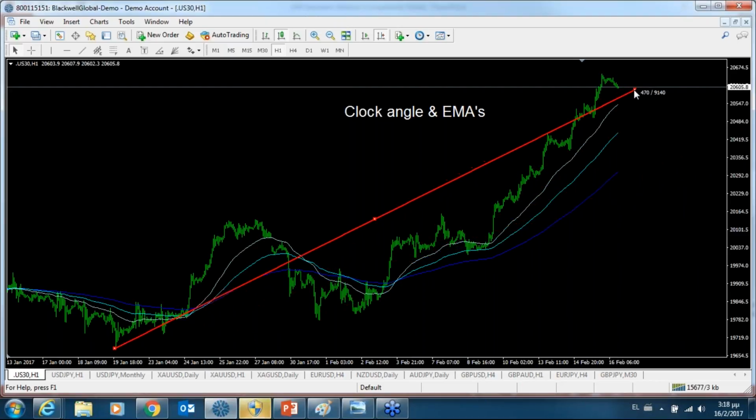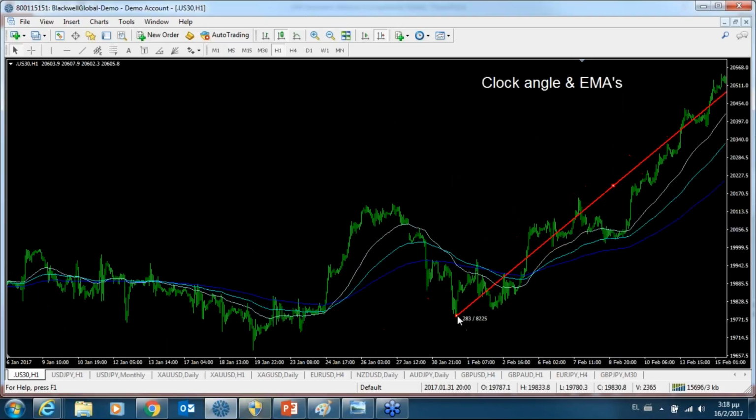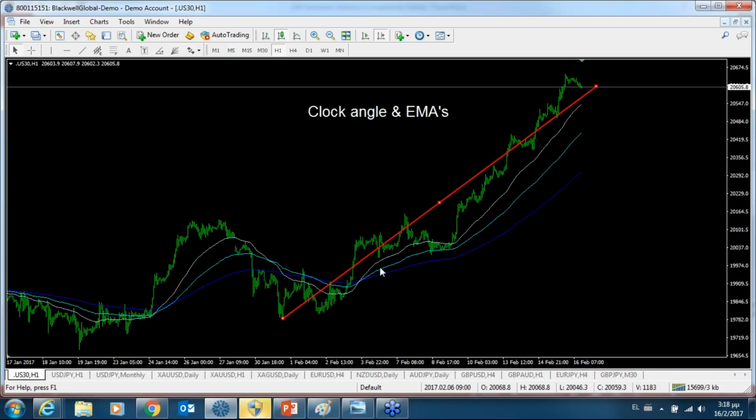So that would be in between, and that would still be giving us bullish type momentum because of the angle. It's not at 2 o'clock, it's closer to the 1 o'clock. And if you take that whole thing here, for example, you've got a steeper angle, and that steeper angle would be giving you a bullish momentum. So that is how you look at your clock angle.